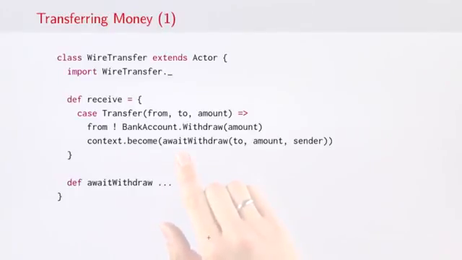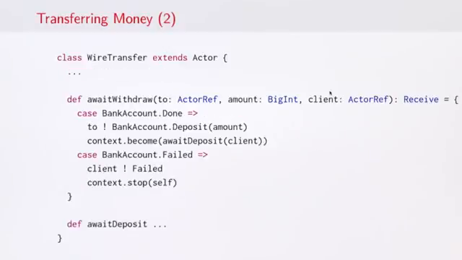The behavior which we install for the second step, await withdraw, needs to know the account to which the money shall be transferred, which amount that was, and also who sent the transfer command to send back the acknowledgement at the end. The behavior in the second step is defined here. We await the result of the withdraw operation, and a bank account might reply with a done, in which case we proceed.